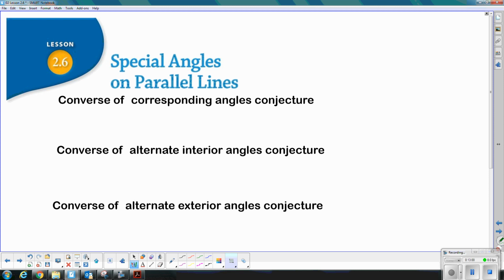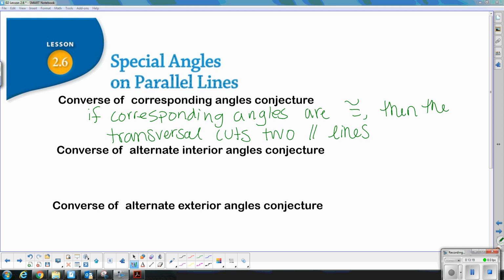The converse of the corresponding angles conjecture would say if corresponding angles are congruent, then the transversal cuts two parallel lines.